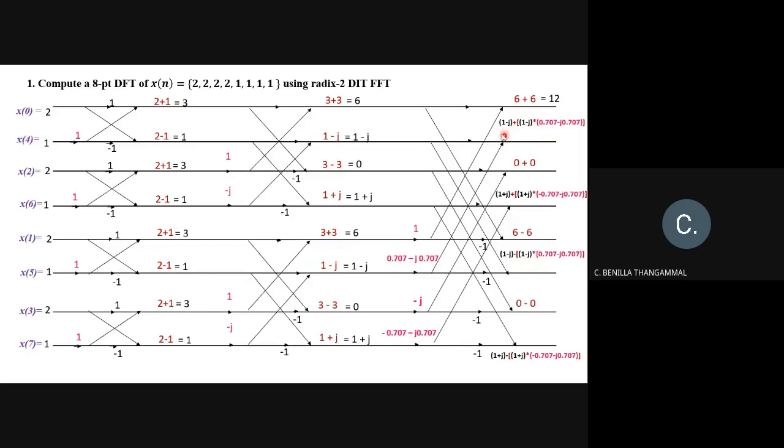So type it as such: open bracket 1 minus j close bracket plus open bracket, again one open bracket, 1 minus j close bracket into open bracket 0.707 minus j 0.707 close bracket, again one close bracket. Press equal to, and you might get your answer as 1 minus j 2.414.